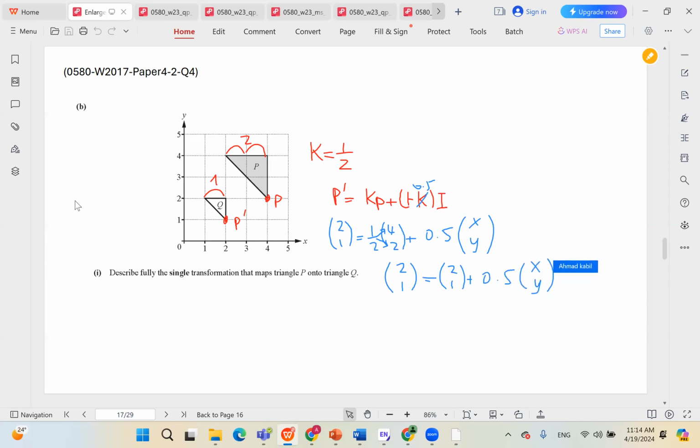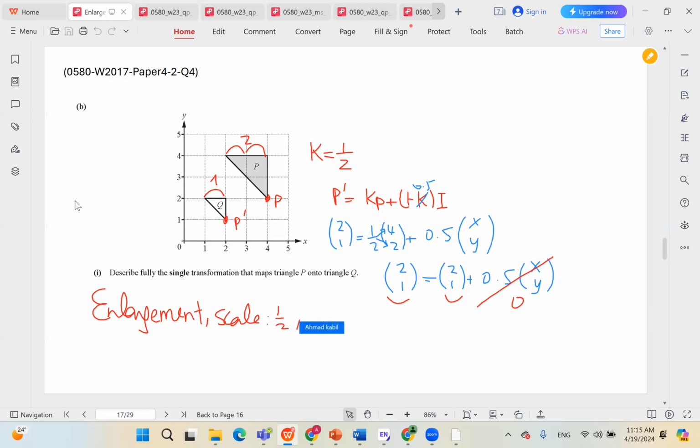So in the last problem, I showed you this with very thorough algebra, but here we can just save time and say that since this is equal to that, this term is entirely equal to 0. So the center is 0, basically. The I is equal to 0, the center of rotation, the center of enlargement. So we have here enlargement, and the scale is positive half.